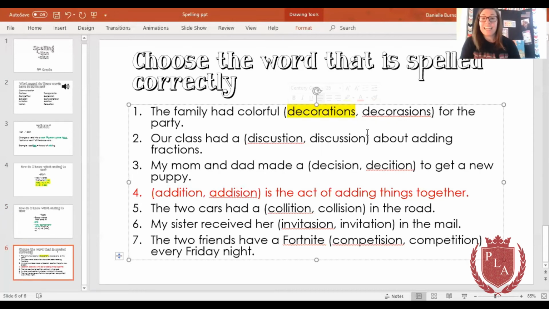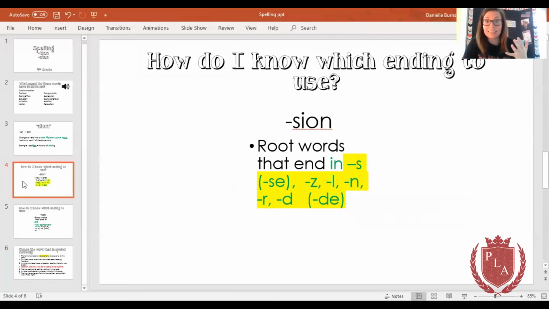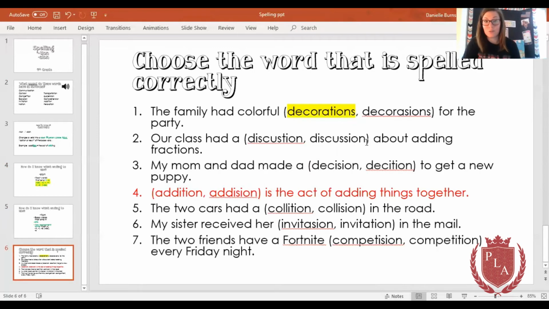Let's look at number two. Our class had a discussion about adding fractions. The root word of discussion is discuss. Discuss ends in an S. I remember words that end in an S need S-I-O-N. So I'm going to choose the second spelling as the correct spelling.